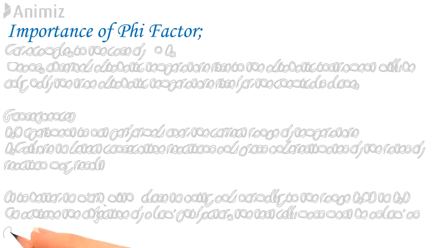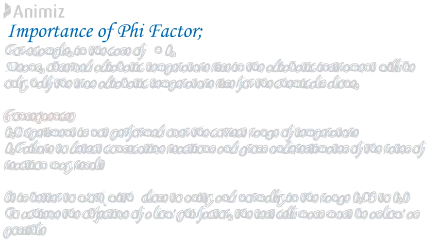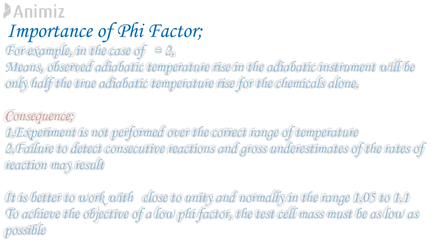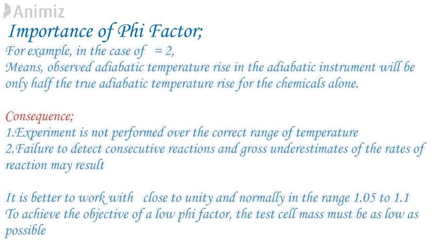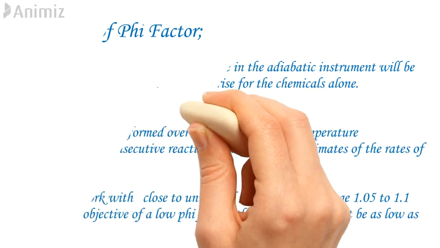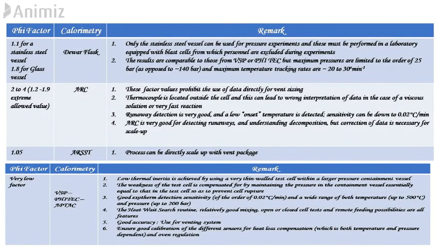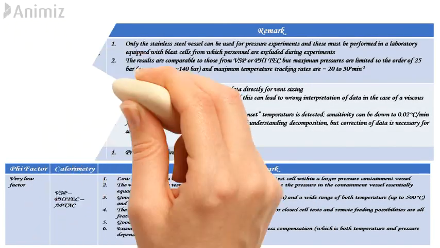It is always better that the phi factor is close to unity and normally in the range between 1.05 to 1.1. To achieve the objective of low phi factor, the test cell mass must be as low as possible. Here we considered different calorimetry with their phi factors for scale up of process.